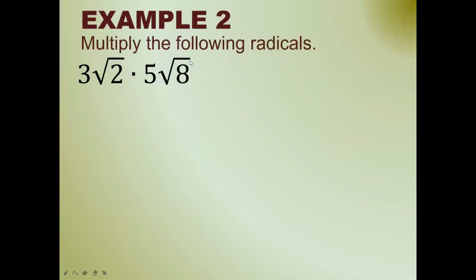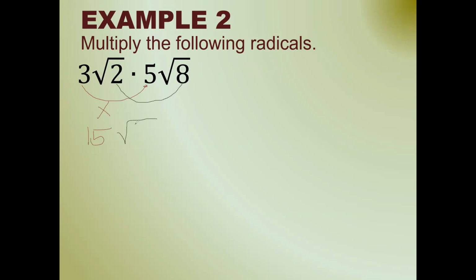Example number 2. Multiply the following radicals. So 3 square root of 2 times 5 square root of 8. In this case, multiply natin muna si coefficient. 3 times 5 is 15. Next is, multiply natin si radicands. 2 times 8 is 16.